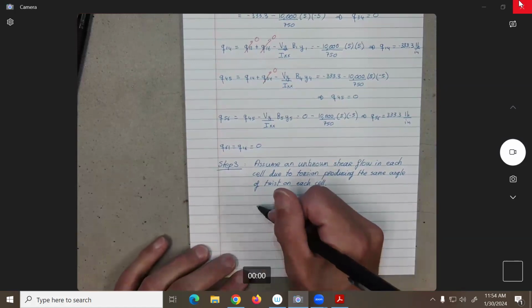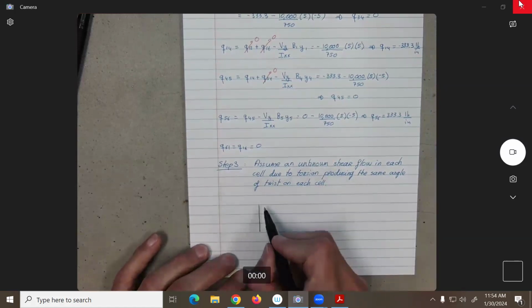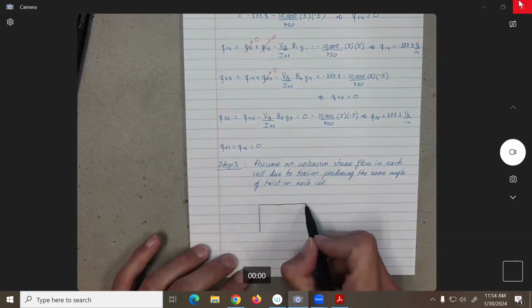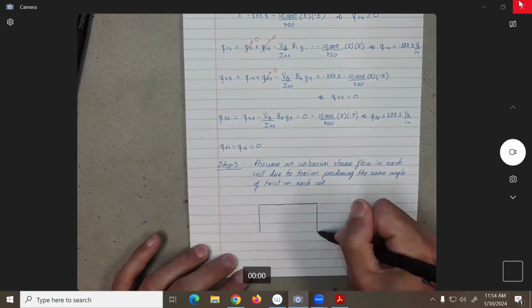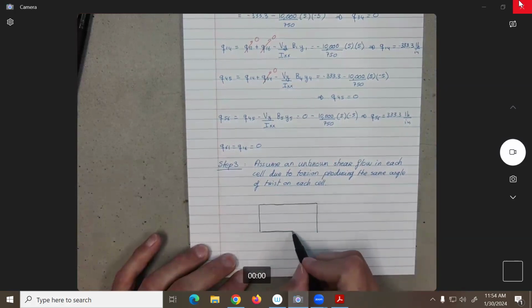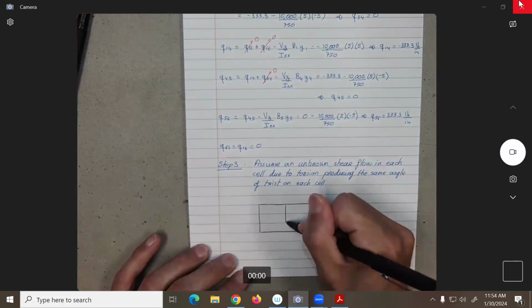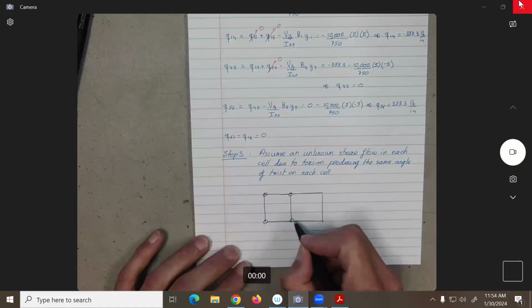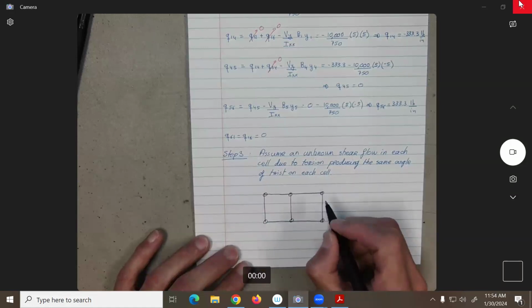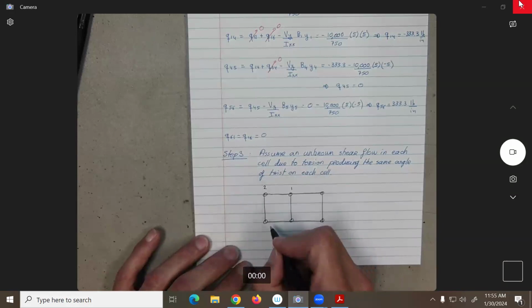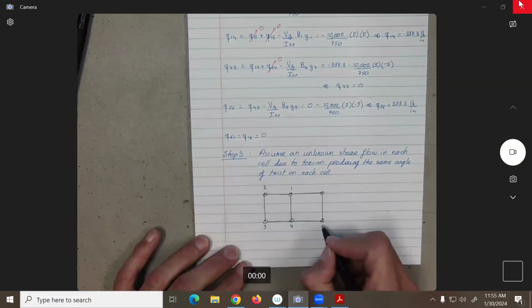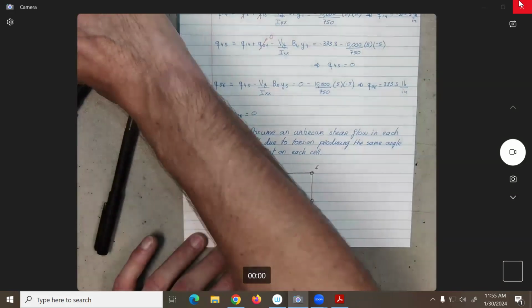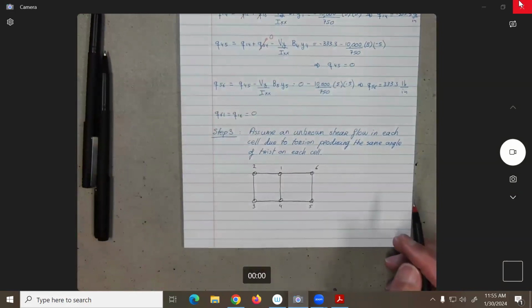Okay, so basically what happened? Before we had the cuts, but obviously making the cuts is not to study the real structure.